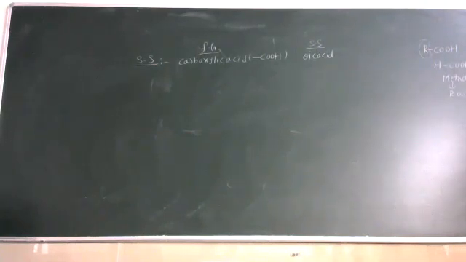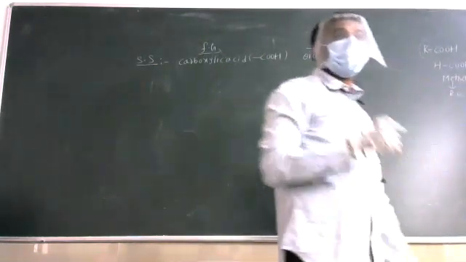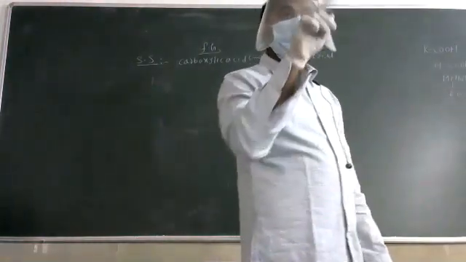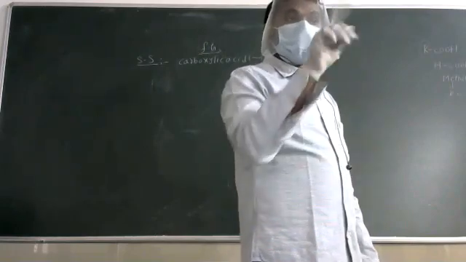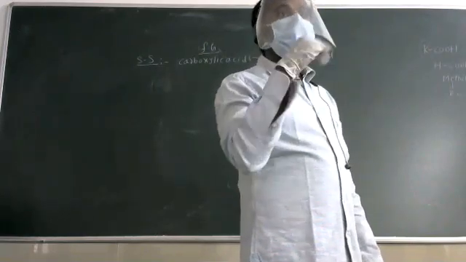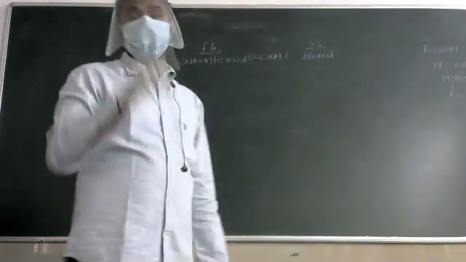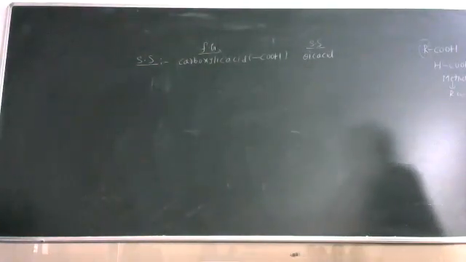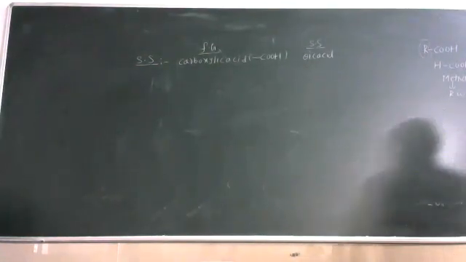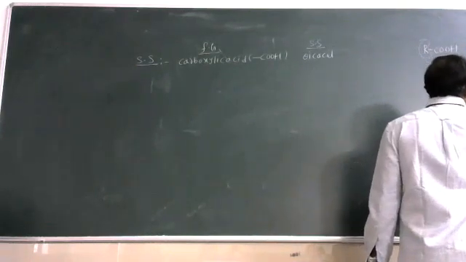This acid was previously obtained from red ants. Red ant, in the Latin language, is formica. Based on that, the acid name is given as formic acid.